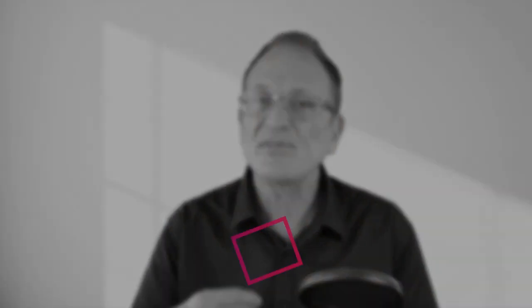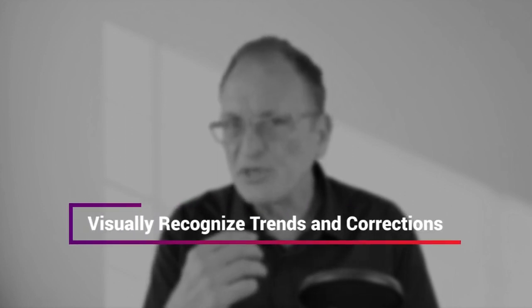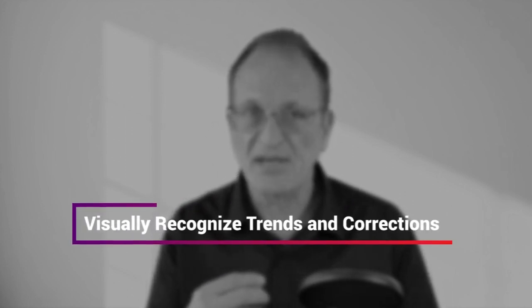In that video, I openly revealed the most valuable secret of how to use Fibonacci, and you can watch that video right up here. The key to knowing how to trade is having the skill of visually being able to recognize trends and corrections. And when you can do that, you can make money with or without Fibonacci.